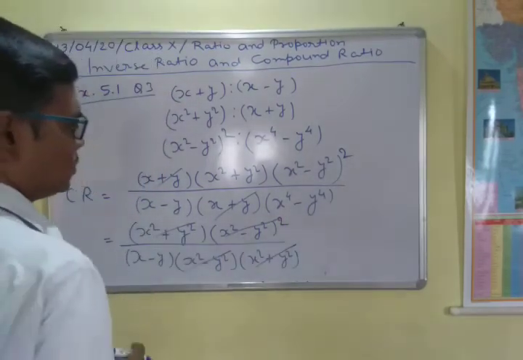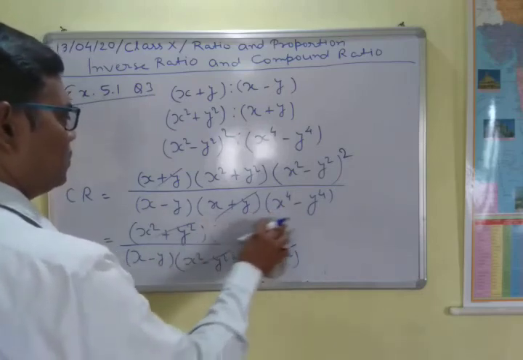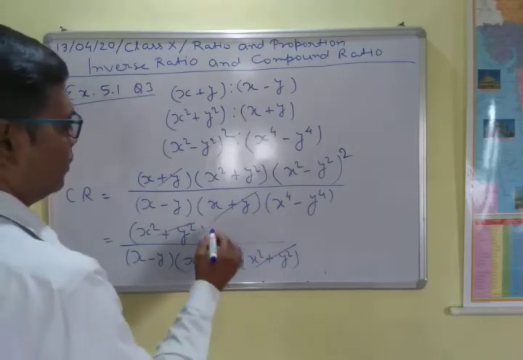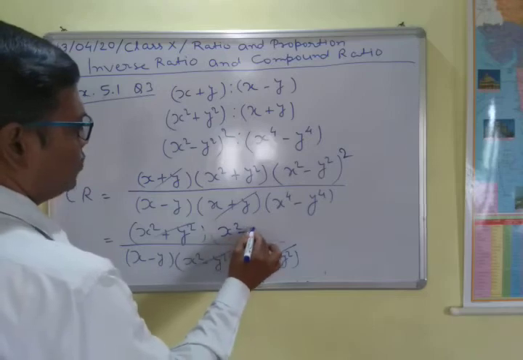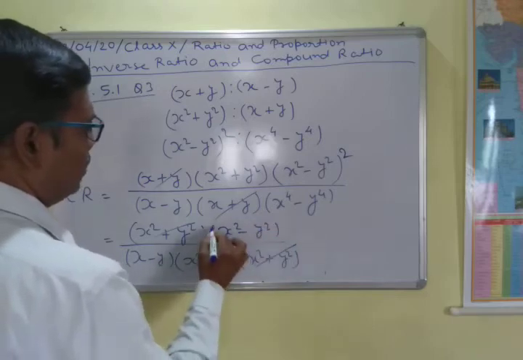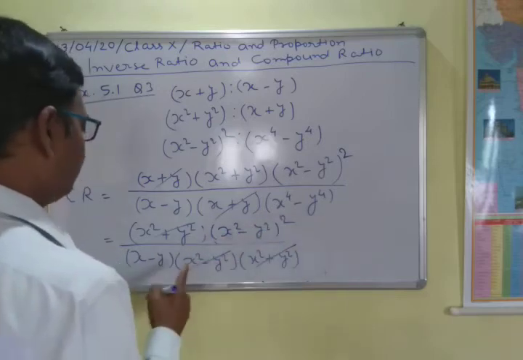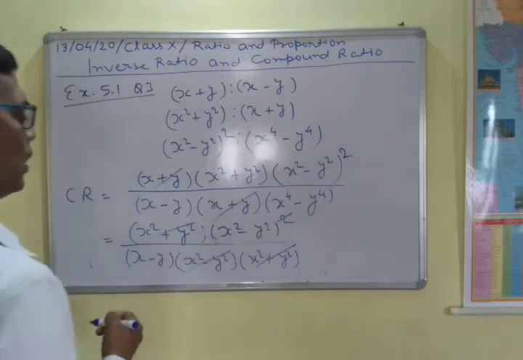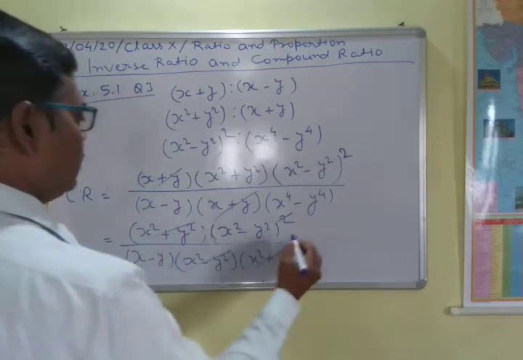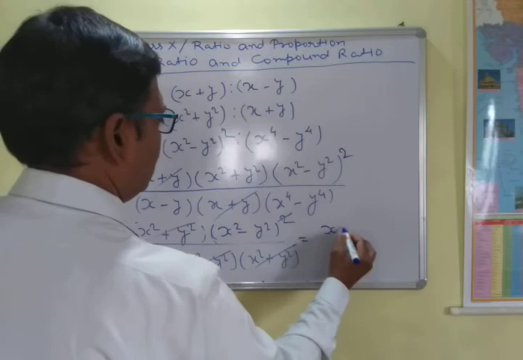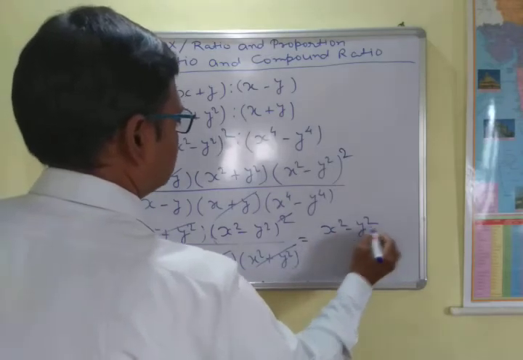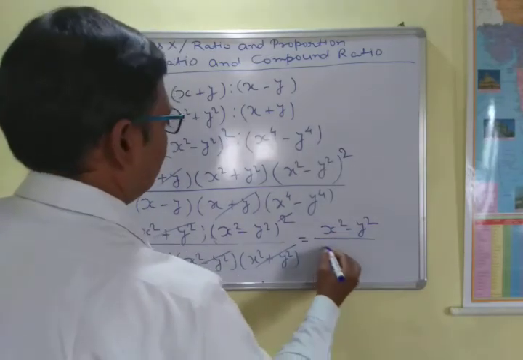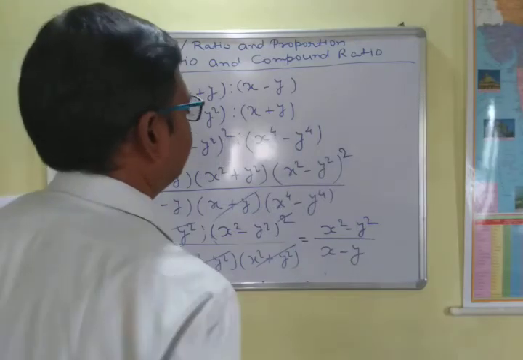If it is this, then we have to change a little bit here: x square minus y square and this square. So this and this square will cancel out here, and this will cut. Then you have x square minus y square by x minus y.